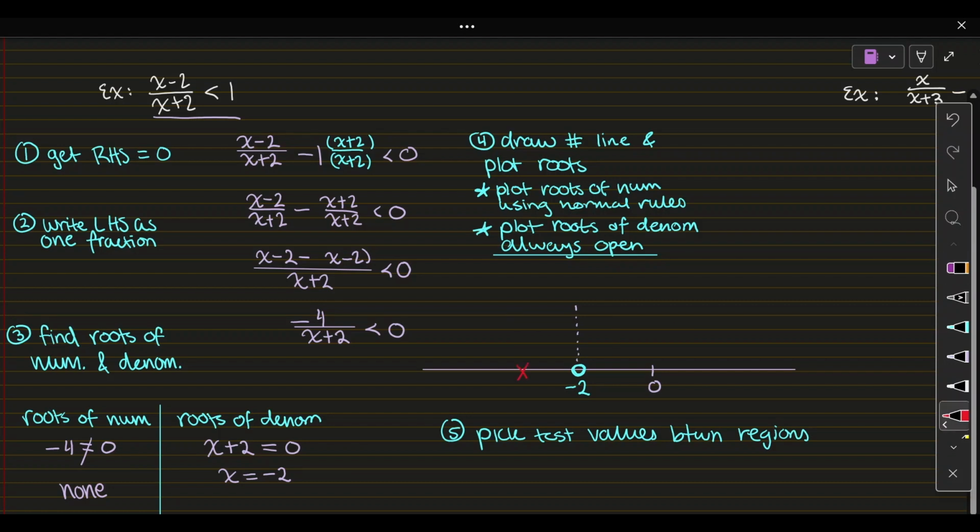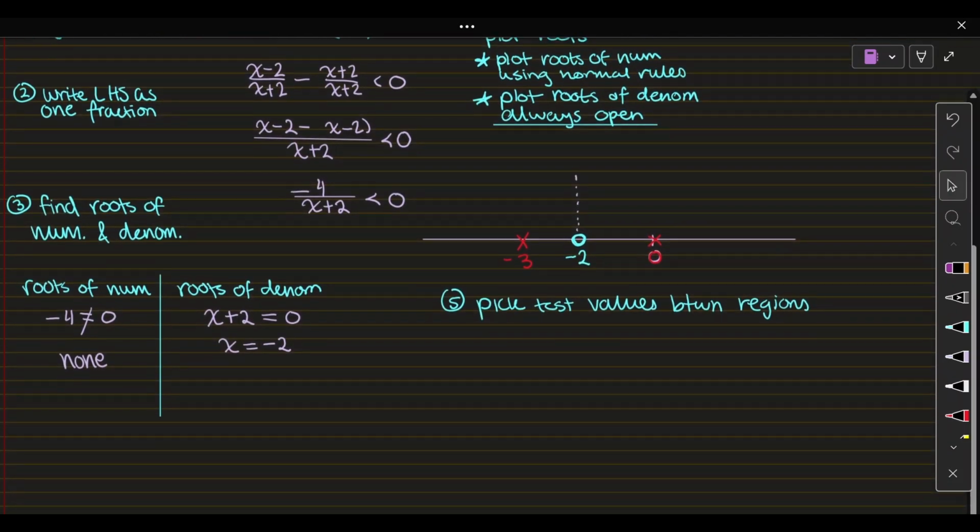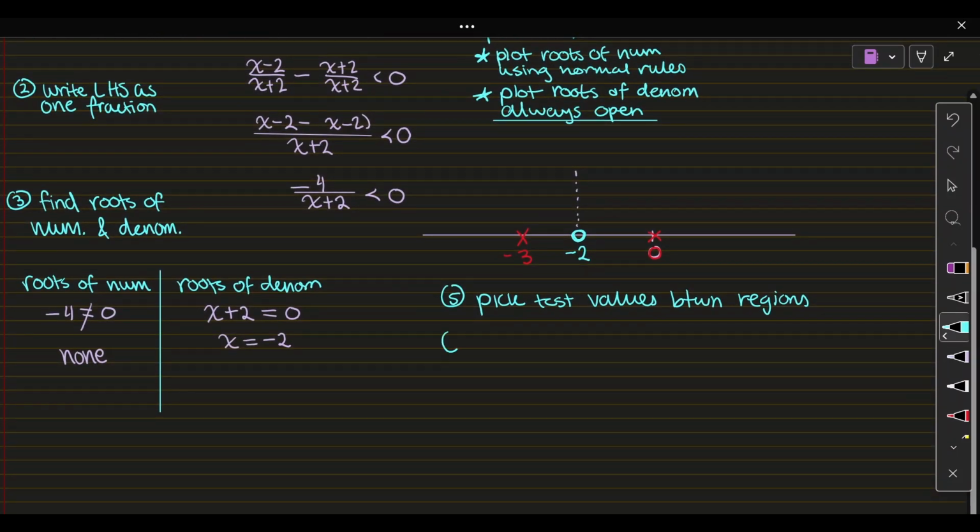I can easily pick negative 3 as a test value, and I can pick 0 as a test value. And then step 6 is to test those values on the left-hand side to get the sign.